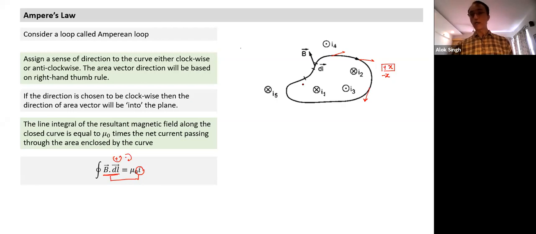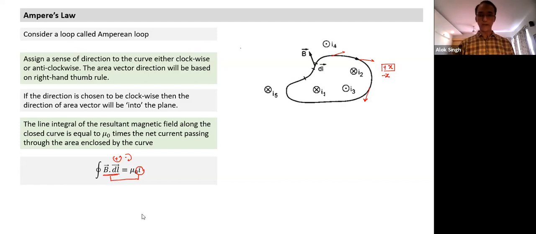That's why when we choose the direction in which we take the line integral, we also define which direction current is positive and which is negative. The logical reason why sign becomes important is to make sure that the left hand side and right hand side are consistent with each other.